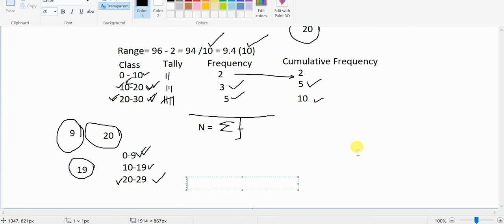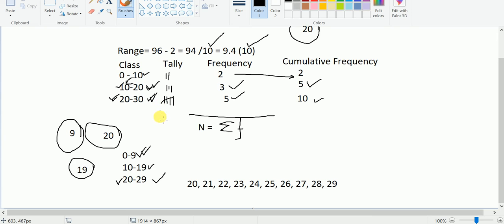It means we have 10 values, for example 20, 21, 22, 23, 24, 25, 26, 27, 28, 29.